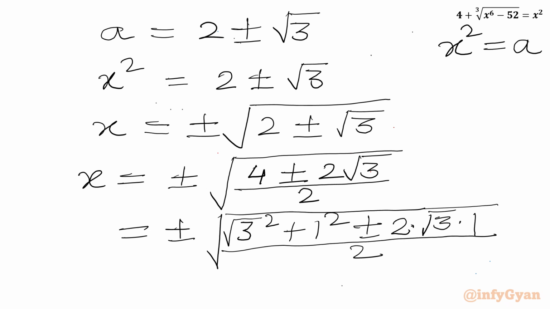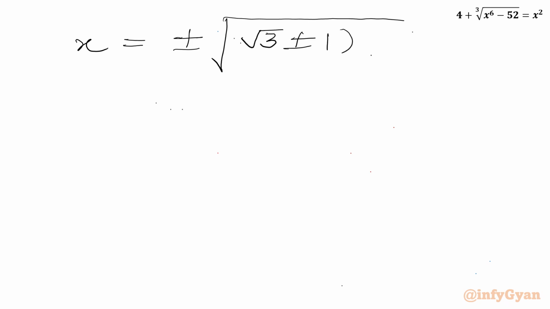Now numerator will give us one algebraic formula, a plus b whole square, or a minus b whole square also. So I can write x will be equal to plus minus square root of root 3 plus minus 1 whole square over 2.